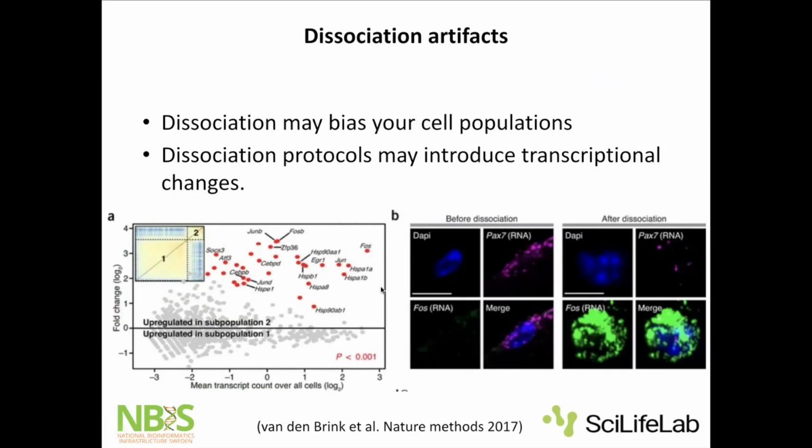Here is an example of the genes. The JUN and FOS genes you quite often see popping up in single cell data, and you have to be careful that it's not a biological difference between your cells, but a stress signal due to dissociation. There's always this possibility that you need to consider.